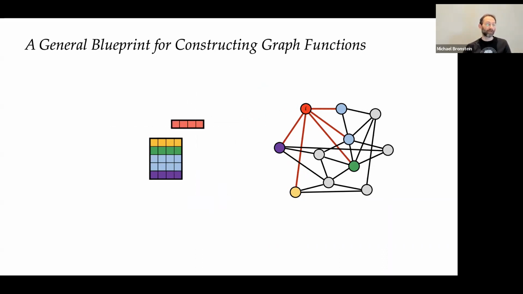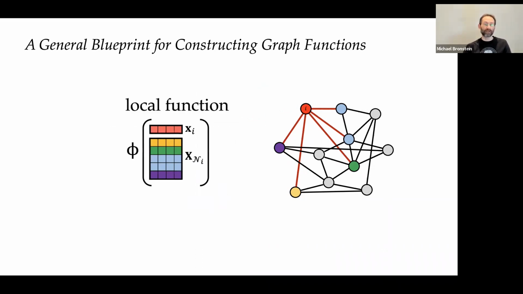And together with the feature vector of the node itself, we need to aggregate them by some function that I denote by phi. So this is what is called the local aggregator. Now, because we don't have any canonical ordering of our neighbors, as I remind you is the situation in graphs, we must apply a permutation invariant aggregator.